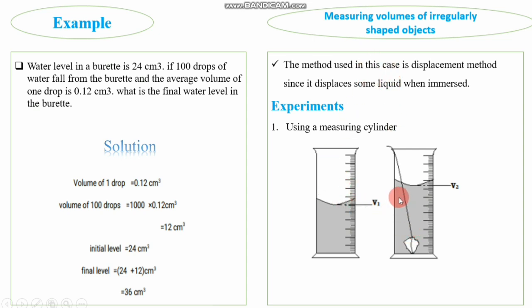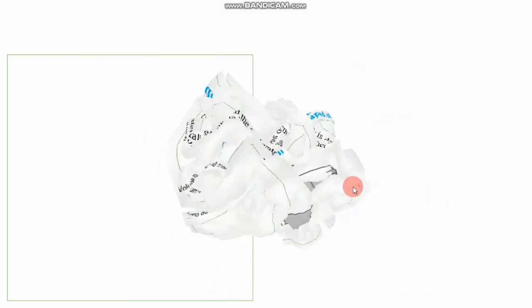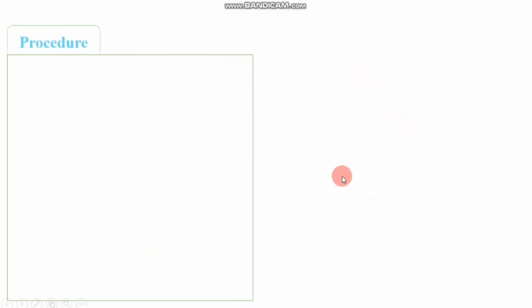Immersing this stone in the liquid, the level of water will rise. The rise in the level of water will be equal to the volume of the stone, meaning the volume of the stone will be equal to the final volume, which involves the water plus the stone, minus the initial volume, which is the volume of water. That will give you the volume of the stone.